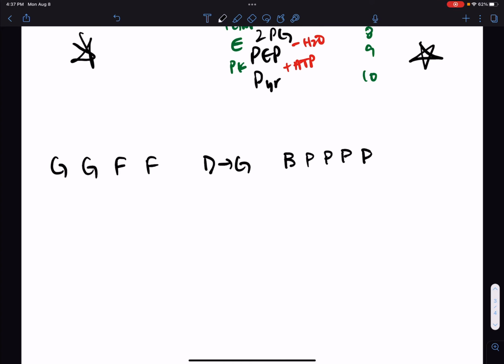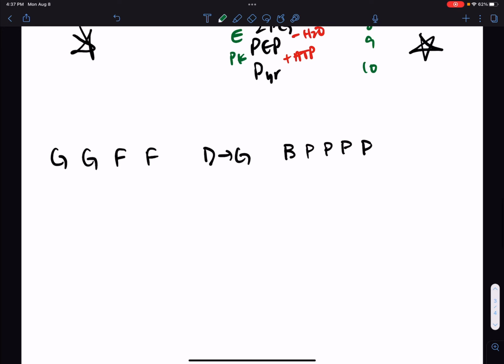And so that's just the first letter of each molecule in glycolysis. It's a very black and white, very dry way of going through it.